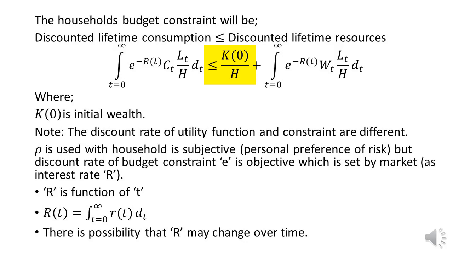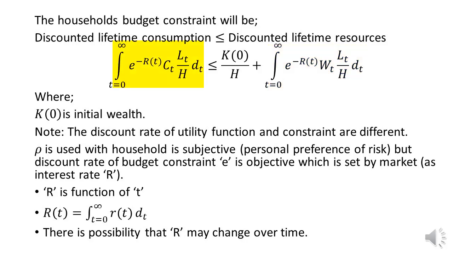So this is the initial wealth of the household, plus the integration from time 0 to infinity of e raised to the power negative r, that is the discount rate being faced by this constraint, and this will be the wages W(t) into the labor supply by household.